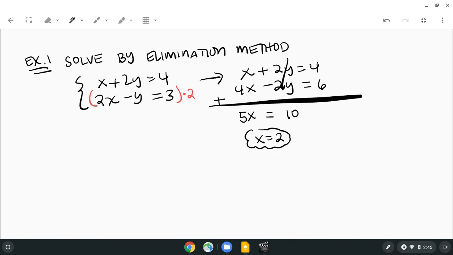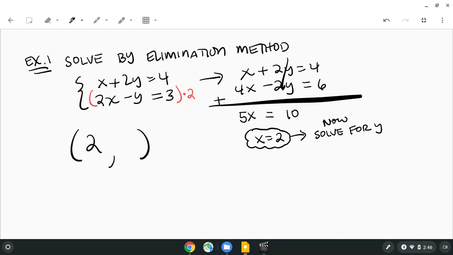And again, we are looking for an x and a y coordinate, right? We're trying to find the point of intersection. So we need an x and a y. So far, we only have the x coordinate. So once you have one of them, then solve for the other one. So now solve for y. I can go back to any of these equations because the solution should satisfy both of them.